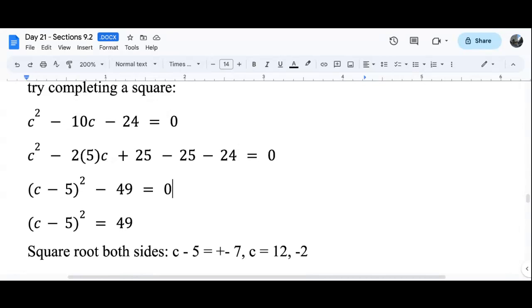Does it make sense? This is the process of completing the squares. Why 25 minus 25? Because 25 minus 25 is 0. We can only add 0 to the expression.